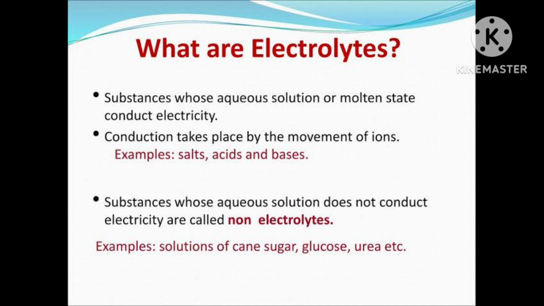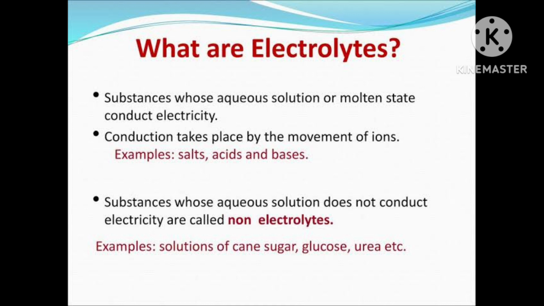Hence the conductivity also increases, because the salt furnishes ions, and ions have charge. That's why conductivity will increase.